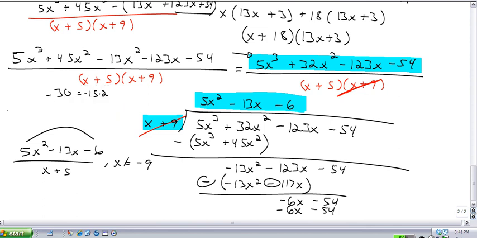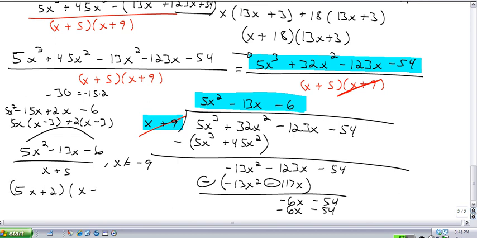So, this is 5x squared minus 15x plus 2x minus 6. So, I take a 5x out. So, x minus 3. I'll have another x minus 3 if I take a 2 out. So that's 5x plus 2 times x minus 3. That'll be all over x plus 5.